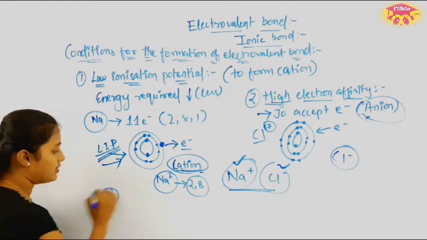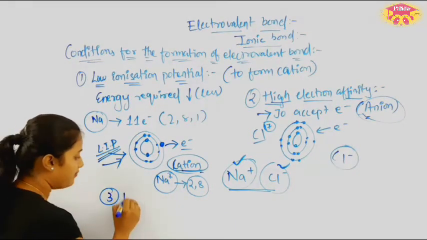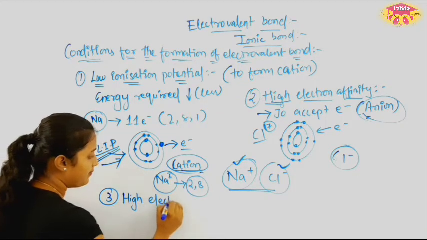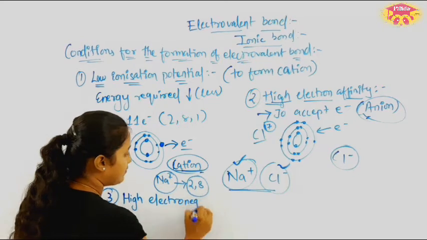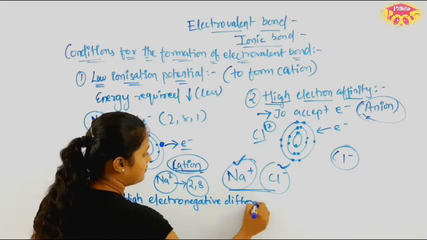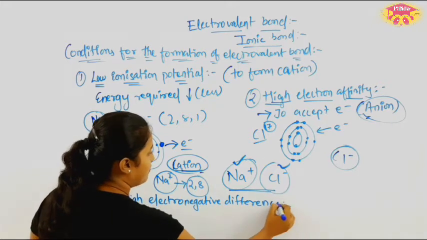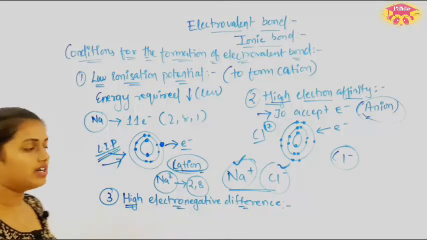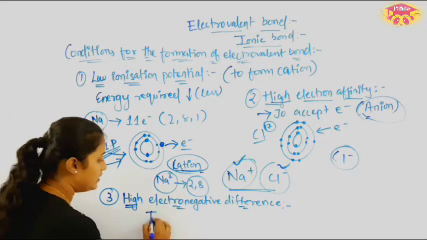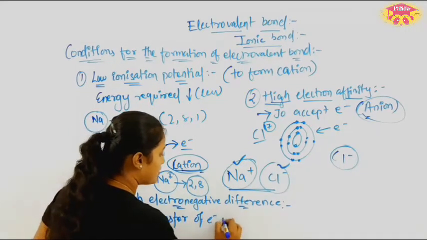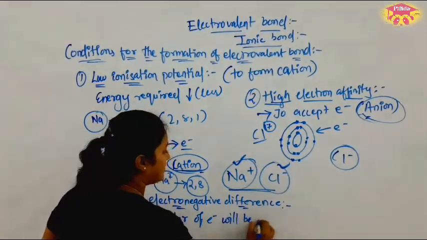Now the third condition is, students, it should have a high electronegativity difference. Now students, we know that when the electronegativity difference is large or higher, then the transfer of electrons will be easier.